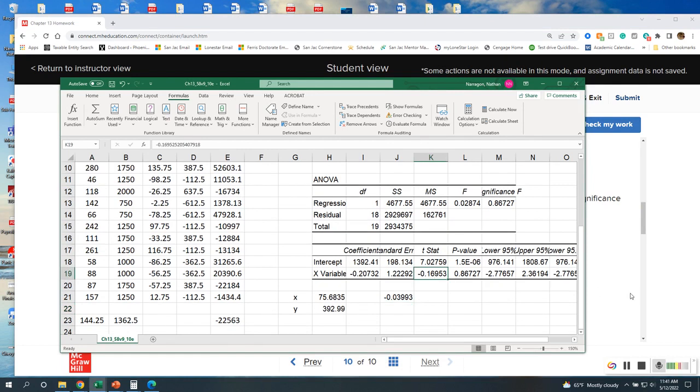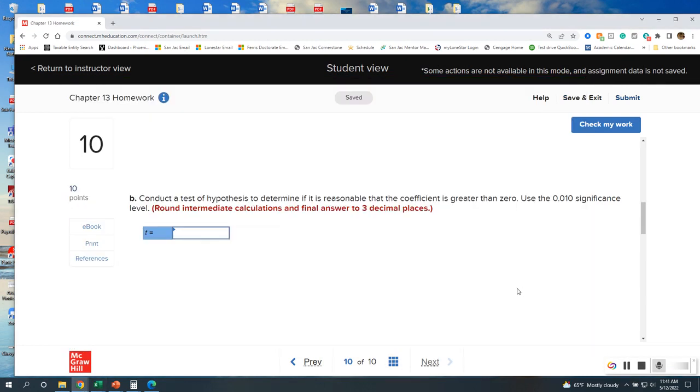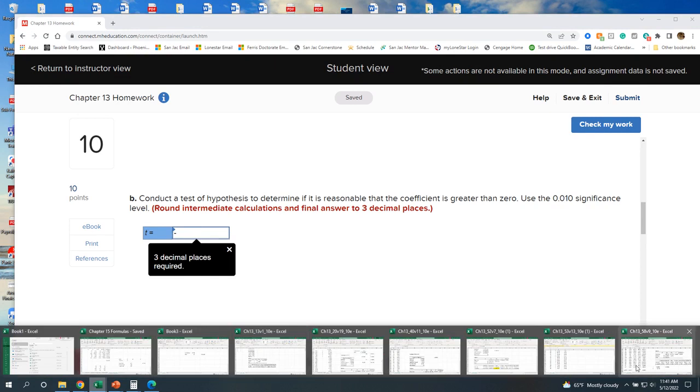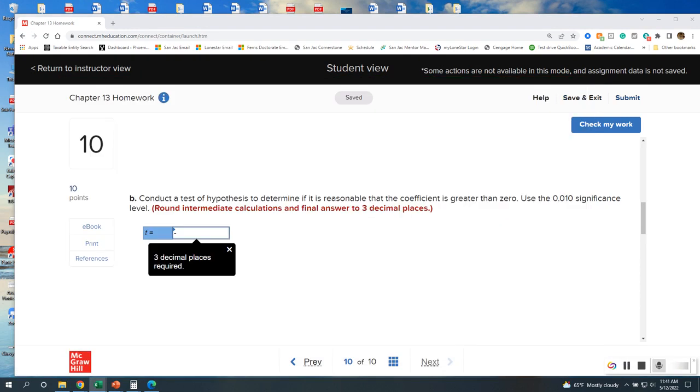So the t-stat is negative 0.169. Again, I'll have to put in my calculations. Negative, oh yeah, exit. Negative 0.16. Actually, 170.